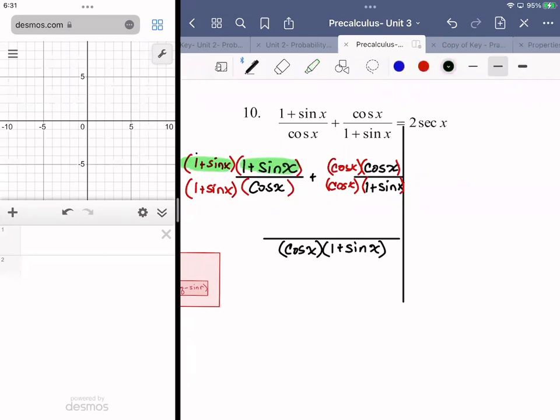But distributive property, we have to double distribute this binomial against this one. So, the old FOIL method, first, then the outers. So 1 plus sine x, then my inners, and then the last values. All right, so sine x times 1 is sine x, and then plus sine squared x.